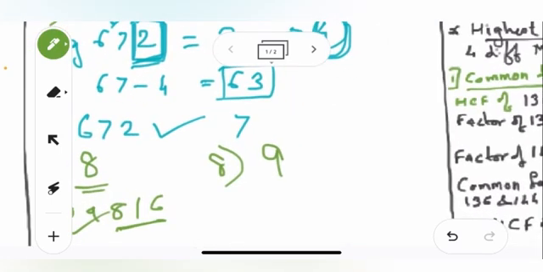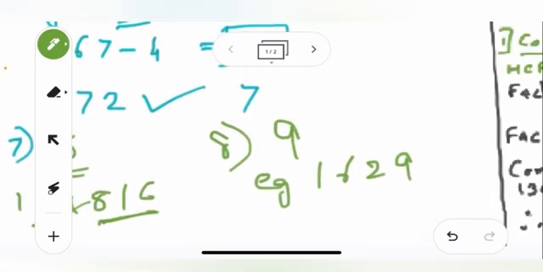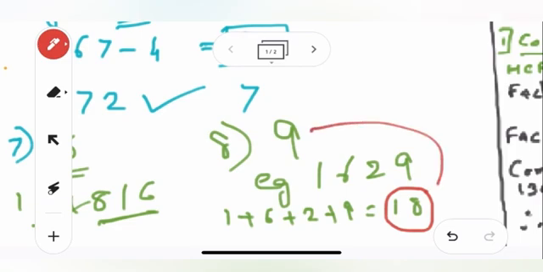For example, if I take the number 1629, and I add 1 plus 6 plus 2 plus 9, I get the total as 18. So this 18 goes in the table of 9. Yes, 9 2s are 18. So this number is divisible by 9.